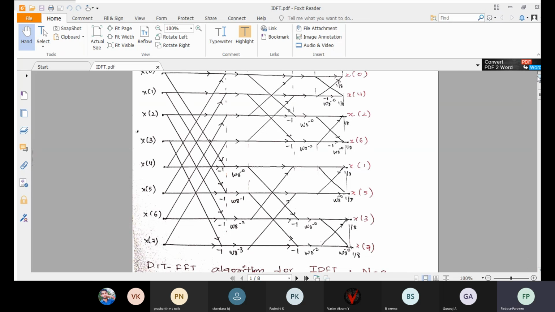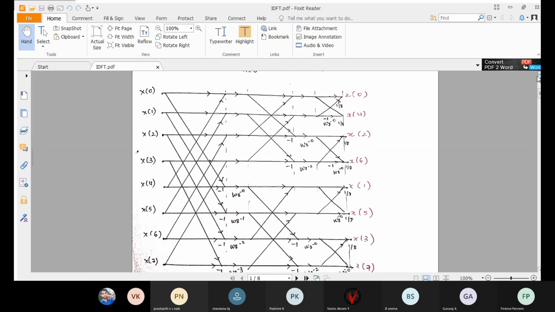Same butterfly diagram we have seen previously, but for IDFT and decimation in time, this signal flow diagram has been used. So this is x of 0, x of 1, x of 2, x of 3, x of 4, x of 5, x of 6 and x of 7 for N equal to 8. If there are 8 samples, then it is from x of 0 till x of 7.